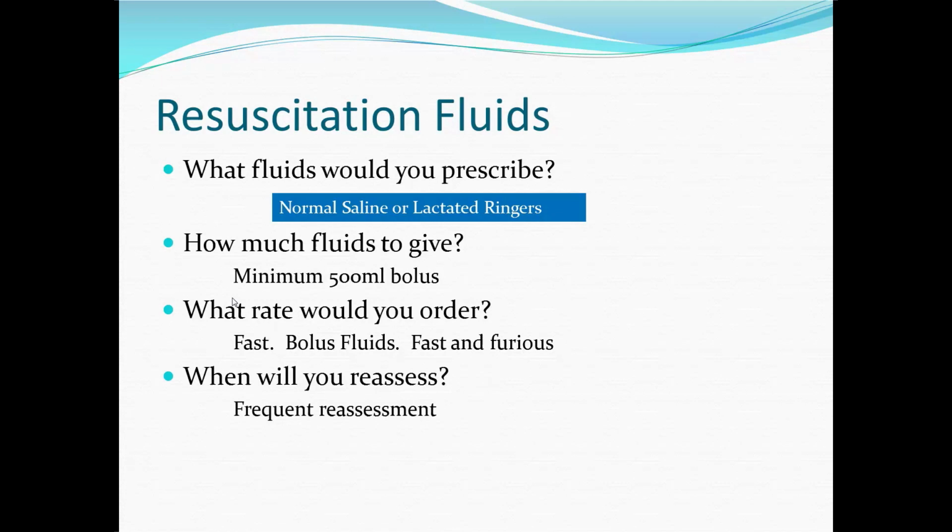And most pumps max out at around 1,000 or 1,200 cc's per hour. But that's too slow for somebody who's in resuscitation mode. And oftentimes you have to talk to the staff about using pressure bags in this situation.